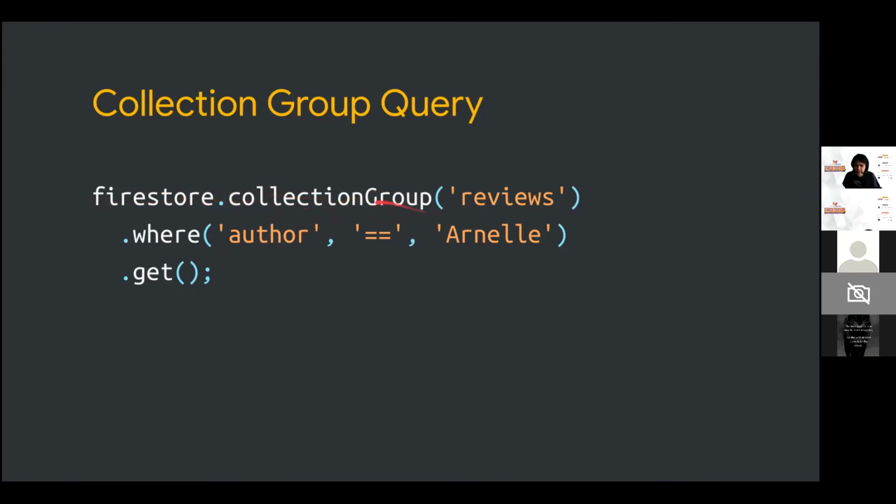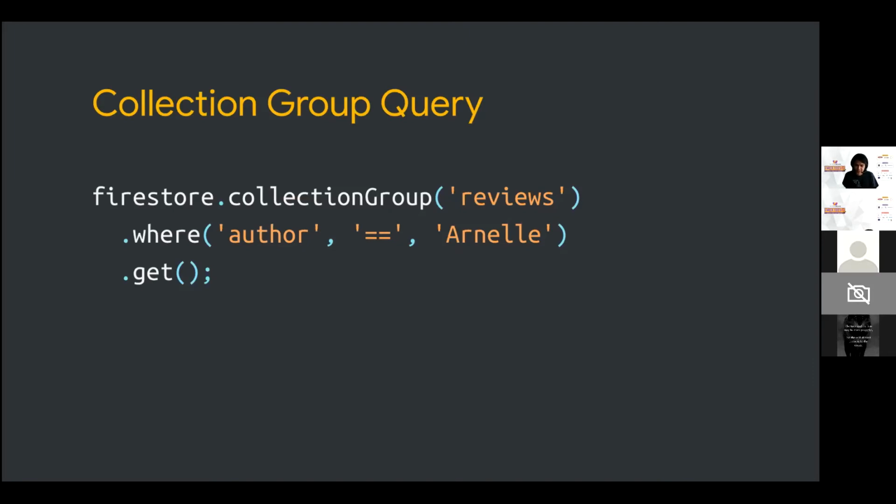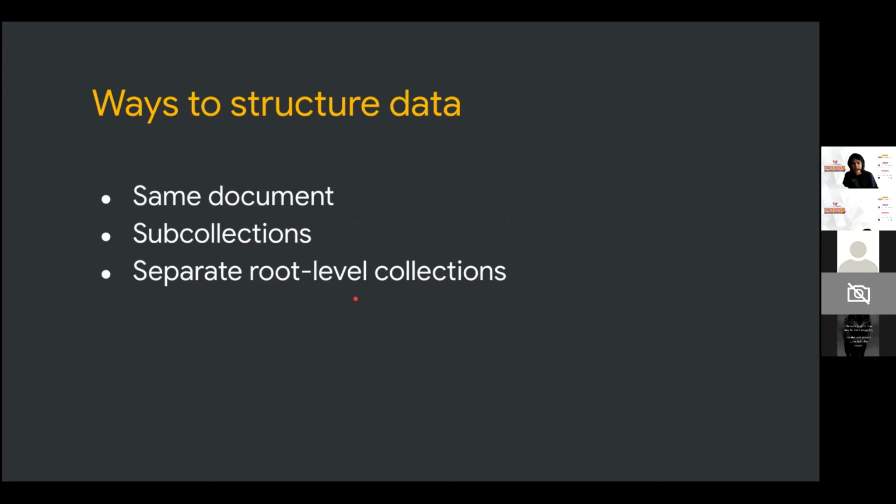Then this will automatically perform the query on all collections that are named reviews. So that's collection group query. Collection group queries also require a composite index, but following the instructions before, you can automatically create them from the link in the log. And that's it for the different ways to structure data in Firestore.